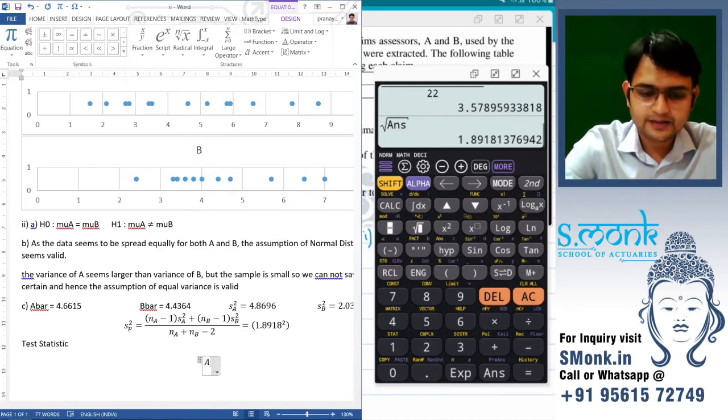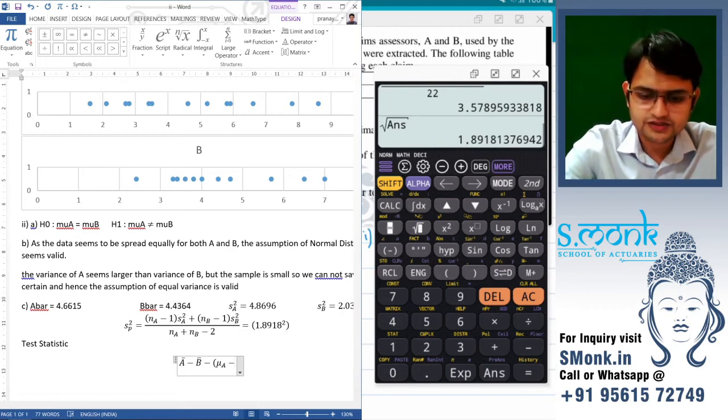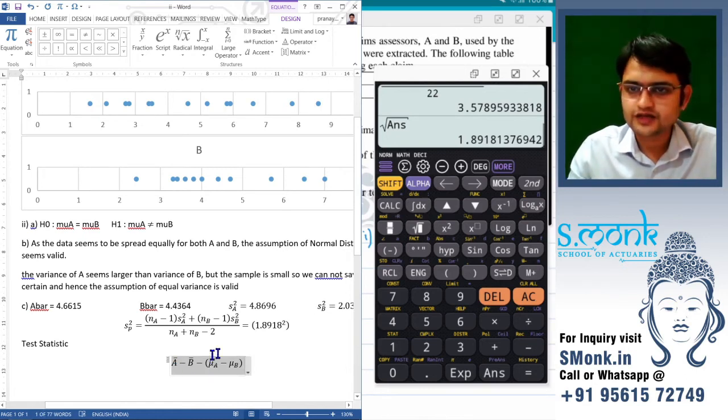So I'll write a bar minus b bar minus mu A minus mu B, and I want all of this in the numerator, right? So I should have made the fraction before. Anyways, I'll make a fraction here outside.